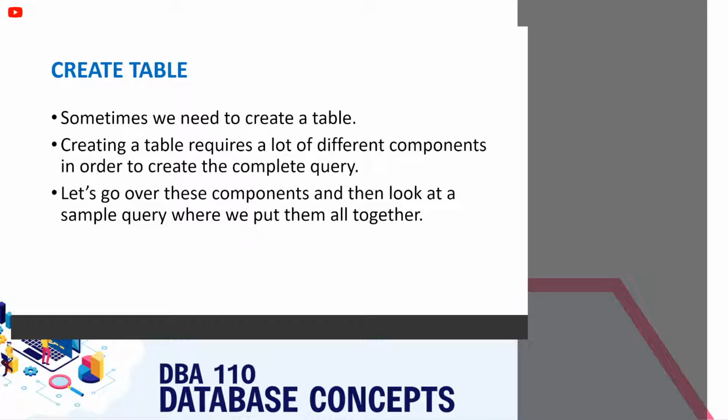Because we've talked previously about the structure of our database, and how we have one big overarching database. And inside of that database, we have a table, or a series of tables.